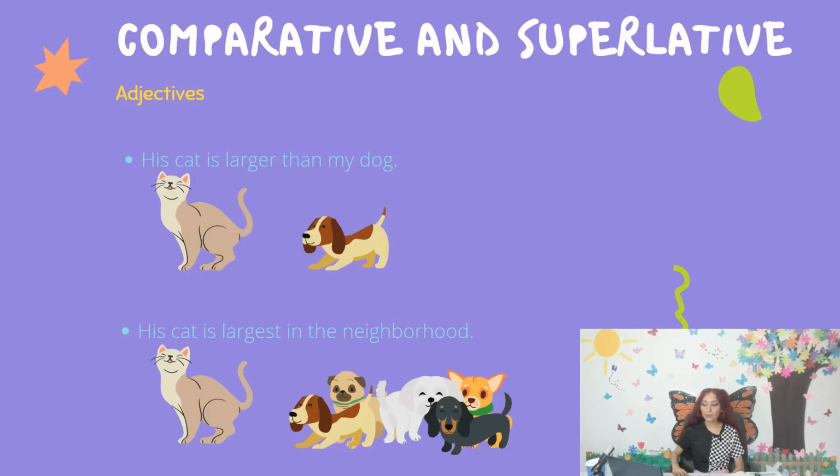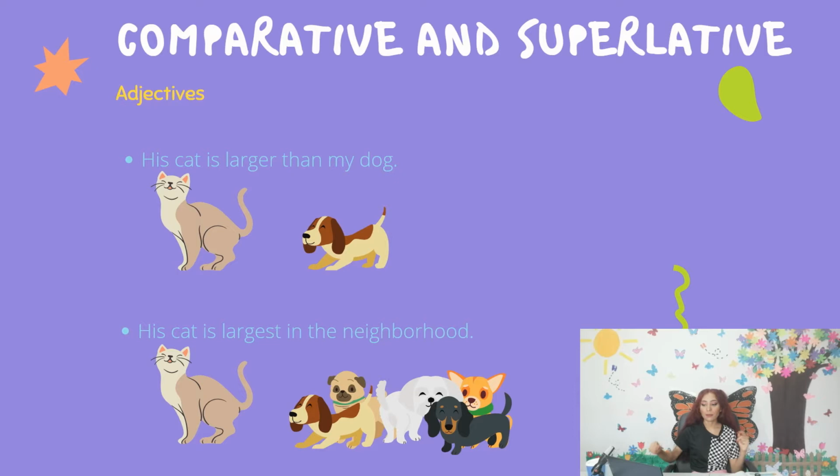We are going to review comparative and superlative adjectives, okay? I have 4 examples for today because we have a lot to do. We have 3 pages for the workbook. First, his cat is larger than my dog. Larger sometimes is used as a synonym of big.